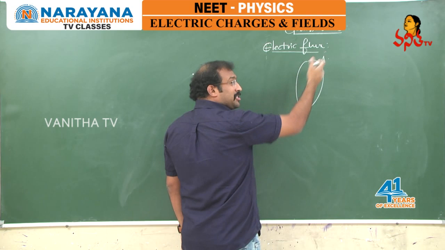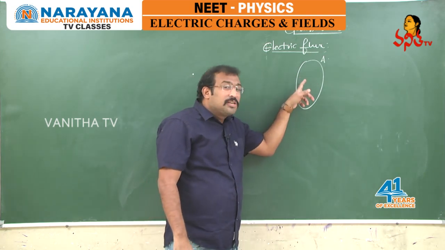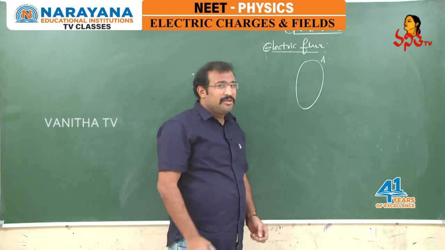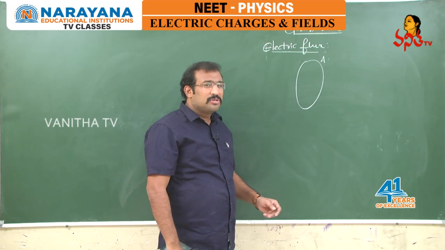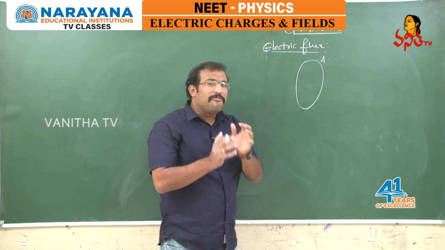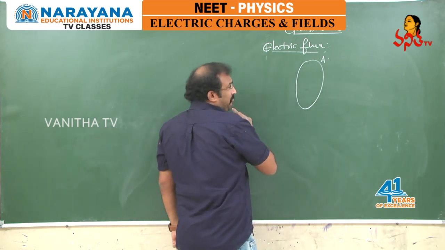It is placed in an electric field. We already know that this electric field contains electric lines of force. Now we define, using these electric lines of force, the flux through this area. Basically flux means group. Let us see, how do we define this electric flux?